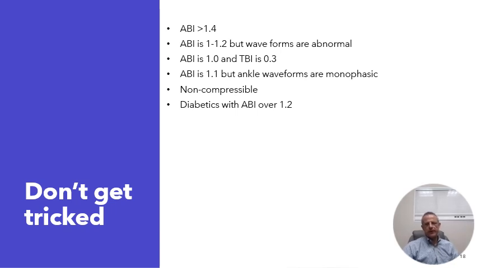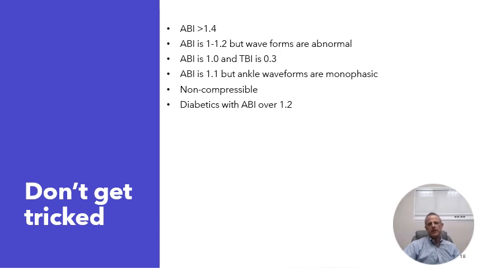Those are typically greater than 1.3, 1.4, which is failure to compress the vessels or non-compressibility. An ABI that is apparently normal, let's say 1 to 1.2, but the waveforms are markedly abnormal. This can occur because it is a mathematical calculation. It doesn't necessarily reflect what's actually happening hemodynamically in all instances.